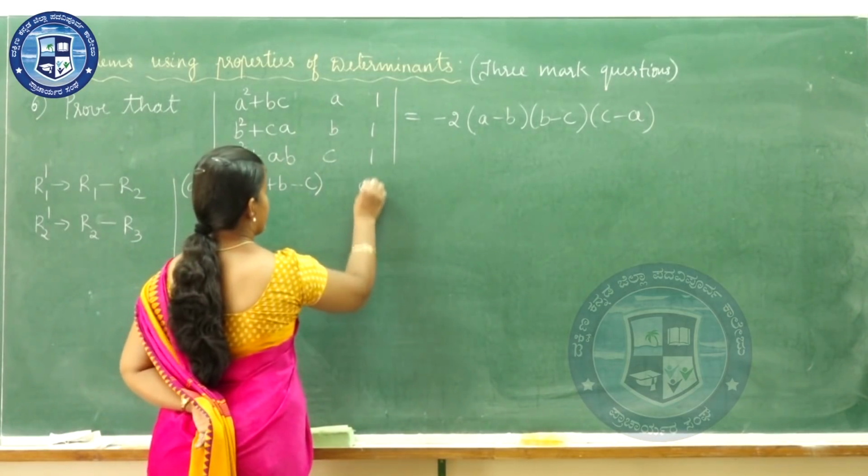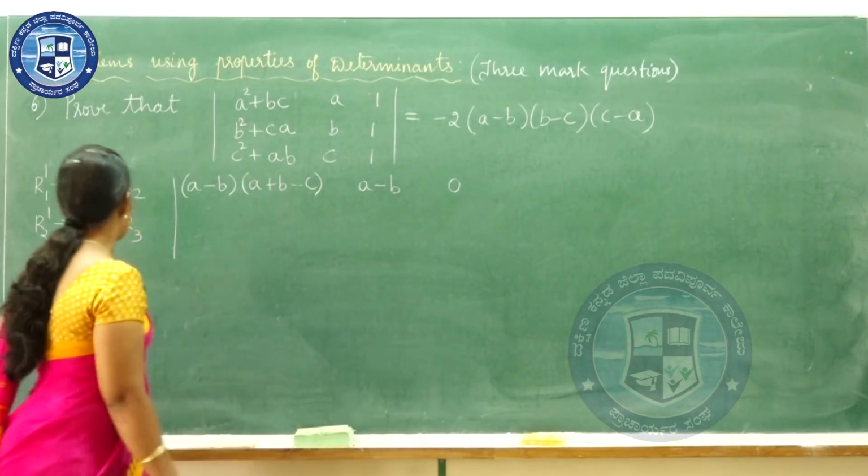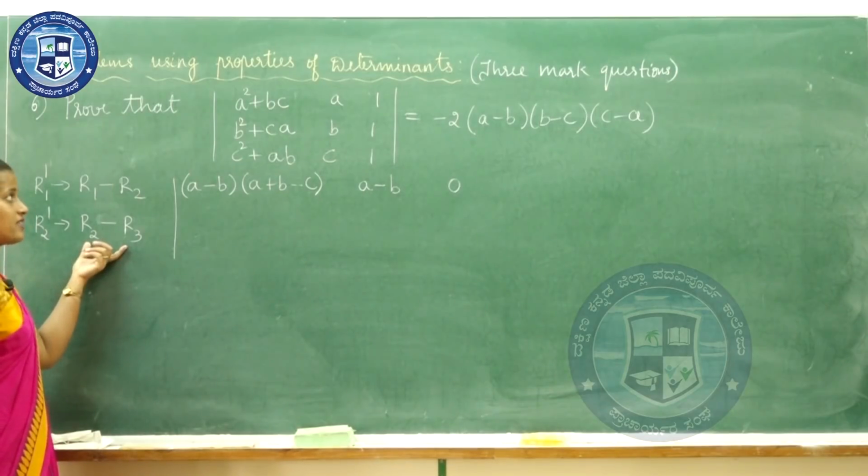Next here you have A minus B, 1 minus 1 is 0. Now similarly you have to do R2 minus R3.